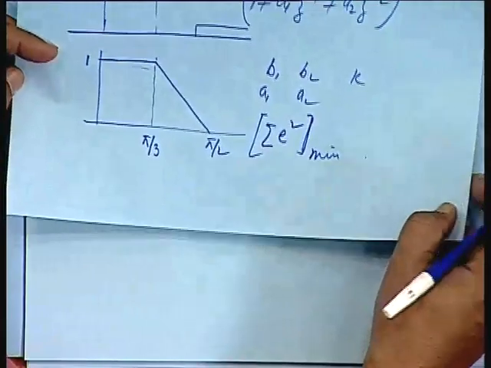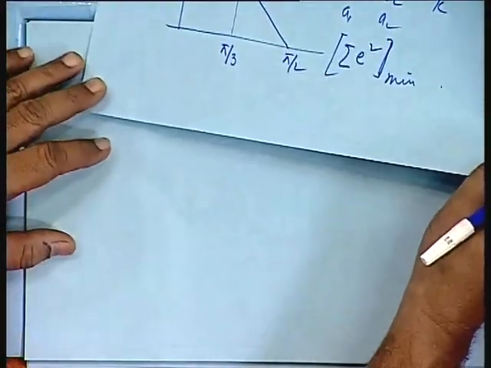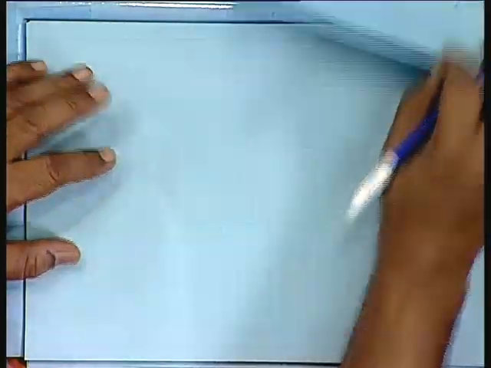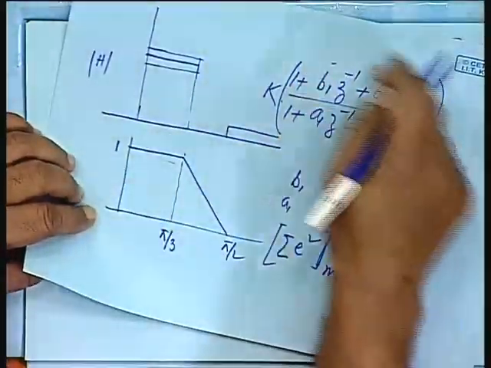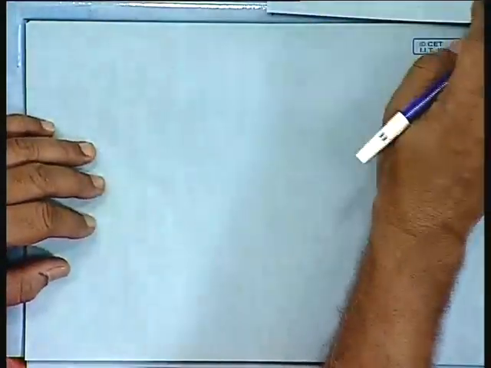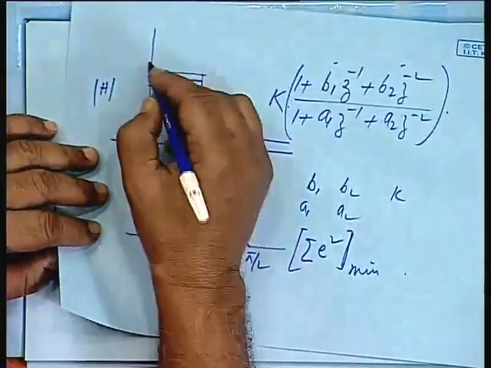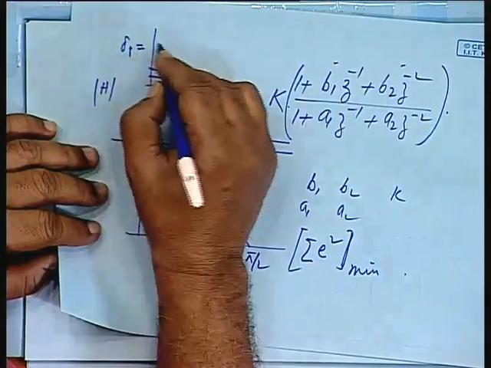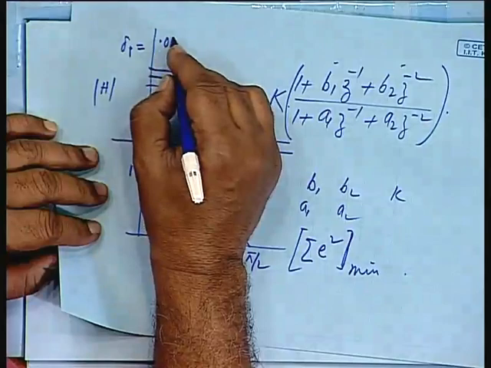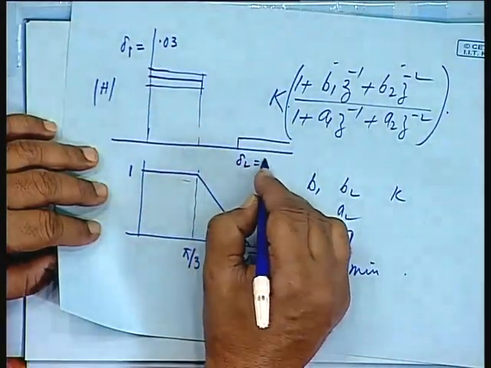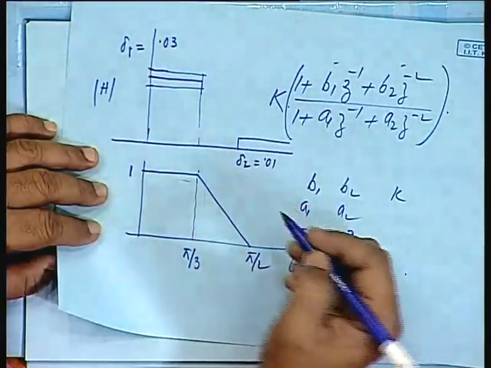And then try also this problem, that is for an FIR filter. This is for a general IIR filter which we discussed in the last class, and for the same one take delta 1 to be 0.03 and delta 2 to be 0.01.